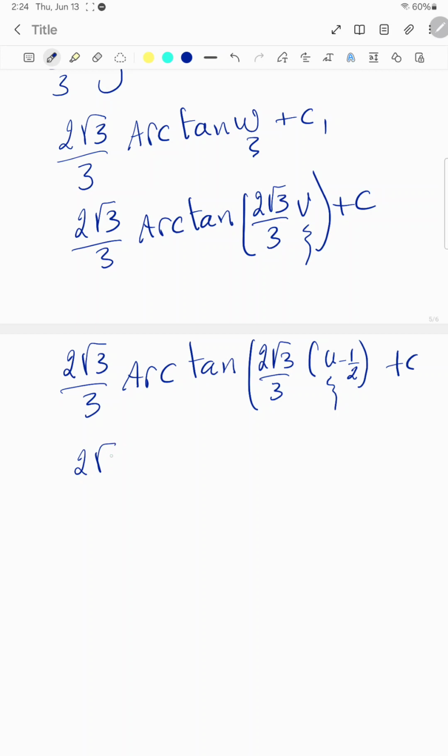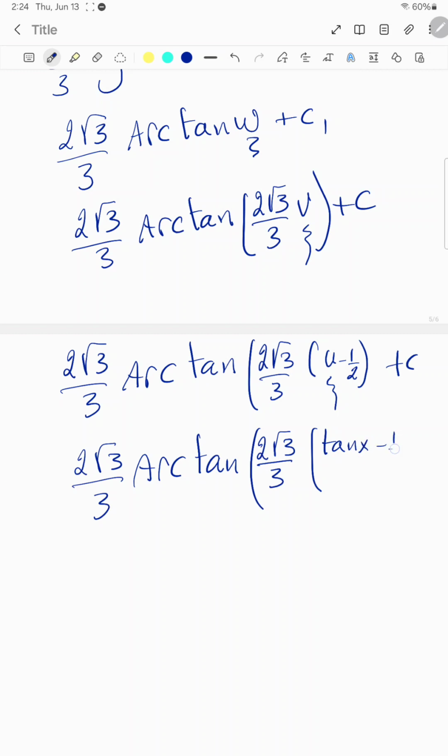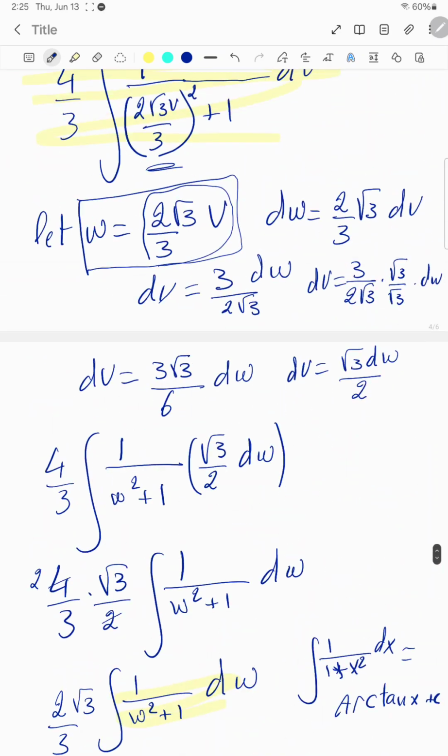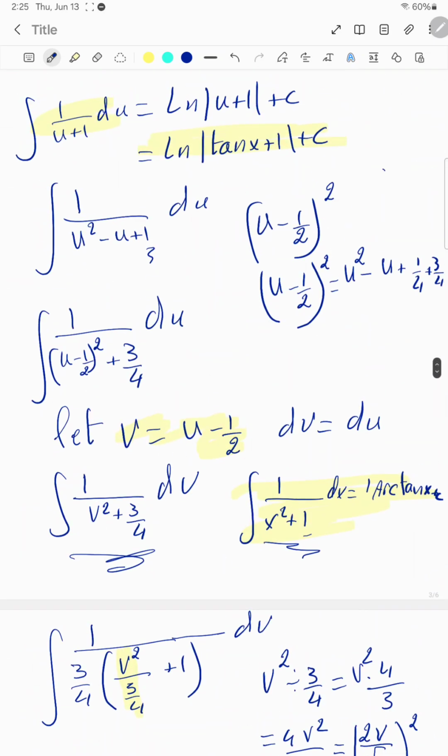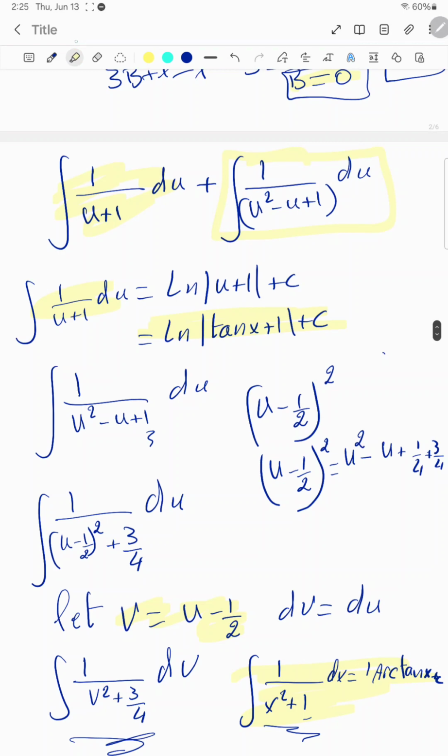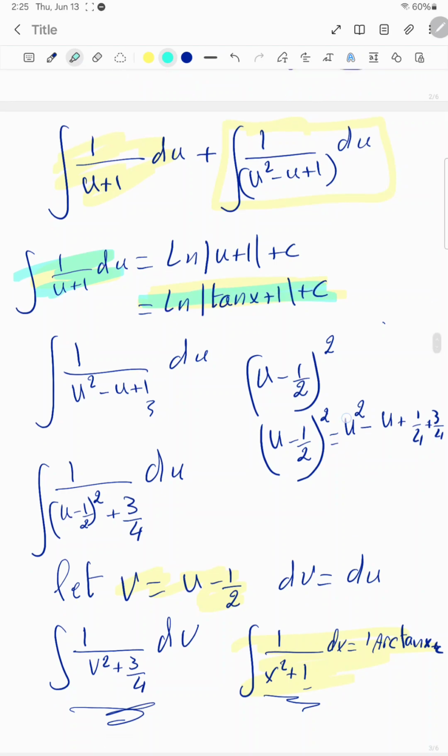Now I have to replace u by its value, which is tan x. So it becomes 2 square root of 3 divided by 3 arctan of 2 square root of 3 divided by 3, instead of u, I can say tan x minus 1/2, plus c, or c1 here. And we don't have to forget that at the beginning I have to write this. This is equal to ln of tan x plus 1, plus c.